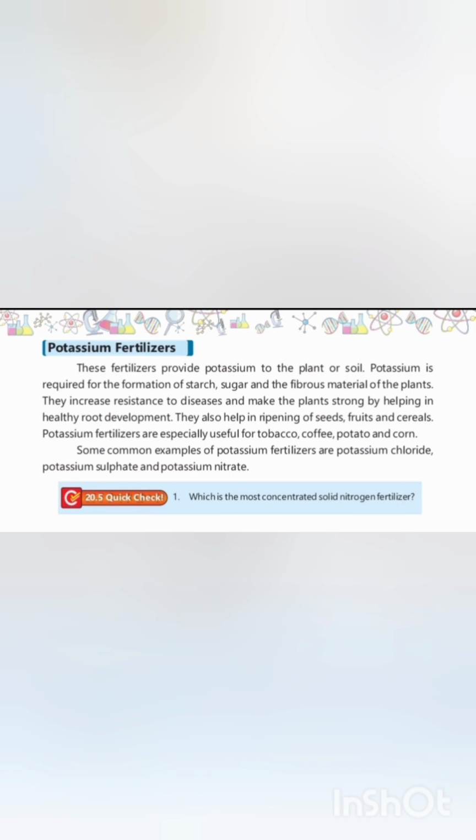It promotes deep, healthy root development, strengthens plant resilience against environmental disease, and aids the proper ripening of seed, fruit, and cereal grains. Target crops, particularly beneficial for high-value crops such as tobacco, coffee, potato, and corn. Common examples are potassium chloride, potassium sulfate, and potassium nitrate.